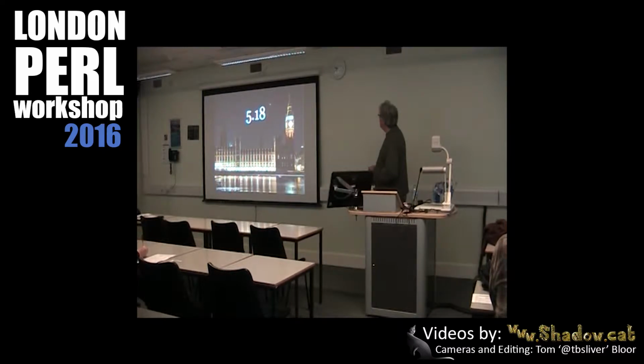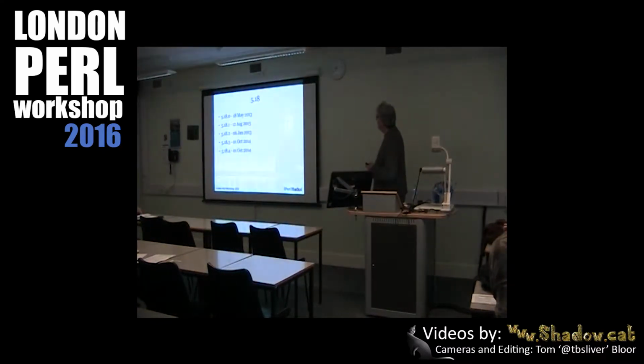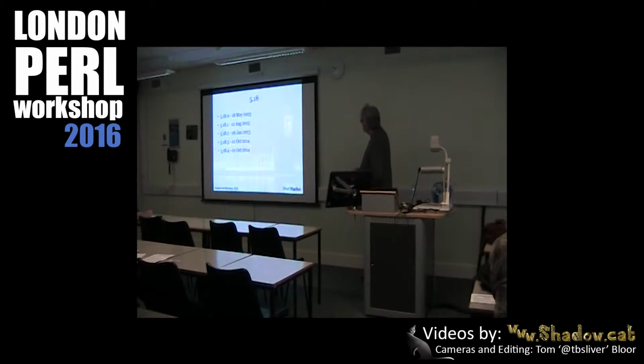Moving on to 5.18. So, as I said, Perl comes out in about May time, so May 2013, Perl 5.18 was released. A few updates. Interestingly, two updates on the same day. I'm guessing there was a slight issue with Perl 5.18.